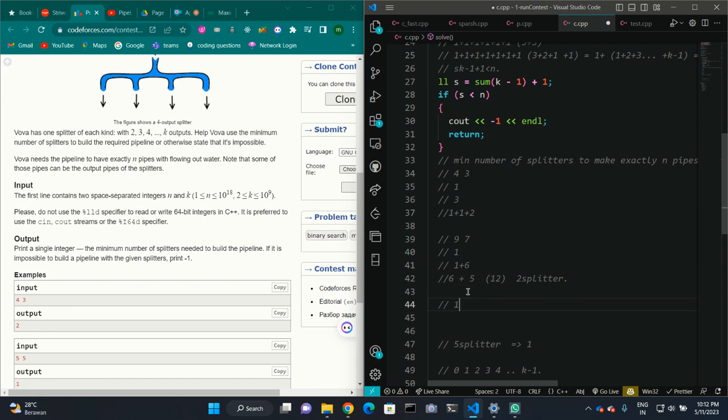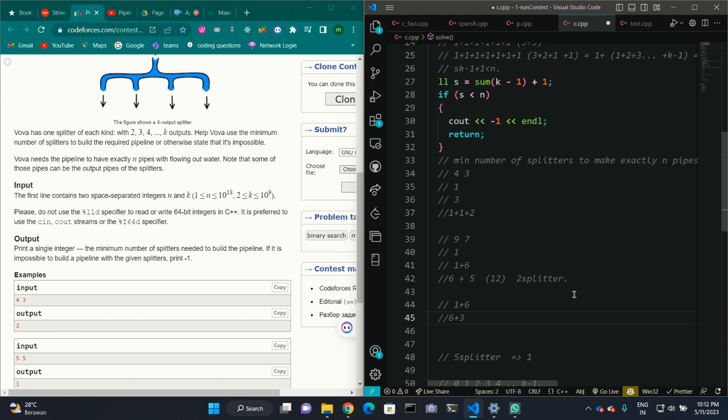But see, 1 plus main splitter, right? Main splitter we can get by 7 plus 2. 1 plus 7, I mean 1 plus 6, 8. Then that one is 6 plus 3. Yes.